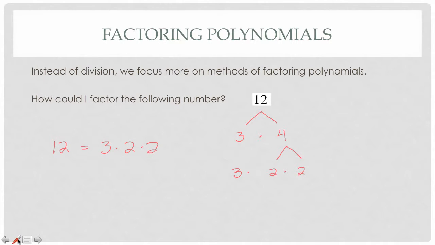So when we're factoring, we're looking for what are smaller things that multiply into the larger item. We're going to do the same sort of thing with polynomials. We're going to take one big polynomial and over this week and next week learn how to break it down into smaller polynomials multiplied together. That's factoring.